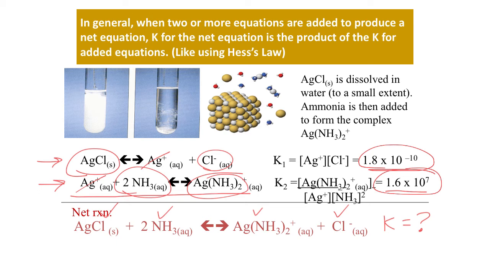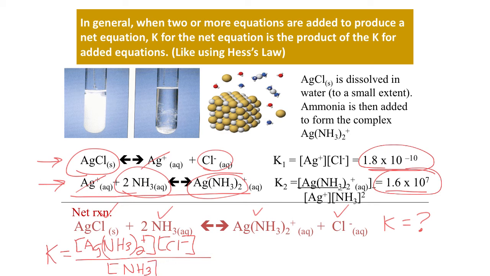Now, with our new one, we are going to be taking products over reactants. So it would be the concentration of the Ag(NH3)2 ion times the concentration of the chloride ion divided by the concentration of the NH3 squared. The AgCl would be left out because that is a solid.